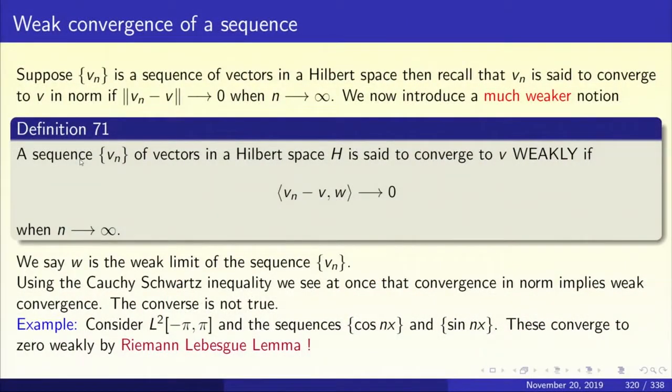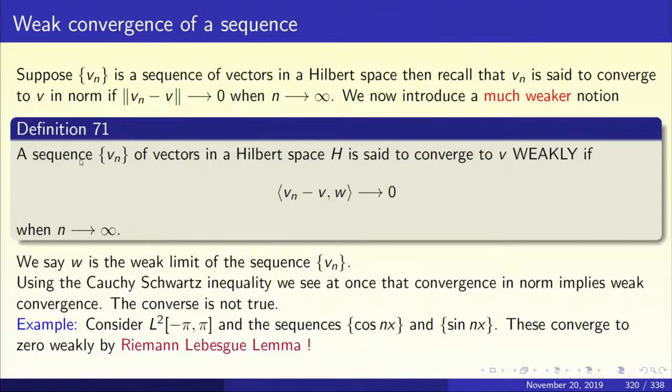So, when does a sequence of vectors in a Hilbert space converge? Take a sequence Vn in a Hilbert space H. We say Vn converges to V in norm if the norm of Vn minus V goes to 0 as n goes to infinity. So far, this was the only notion of convergence that we were discussing in a Hilbert space.